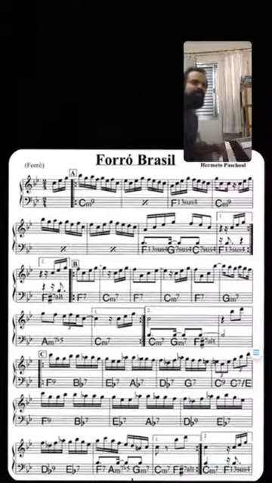I transform these syncopations into just eighth notes. Let me transform this 16th note into eighth notes also. Look, I transformed all the melody into eighth notes and gave this emphasis.